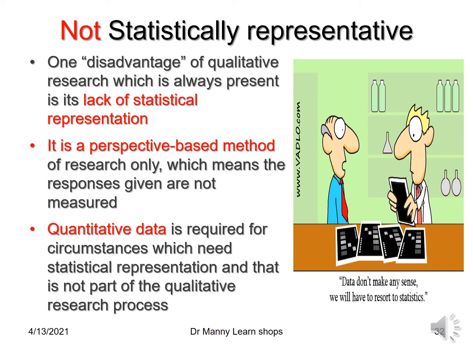Quantitative data is required for circumstances which need statistical representation, and that's not part of the qualitative research process. So there are no statistics in qualitative research. If you're doing quantitative or a mixed method approach, then there will be.